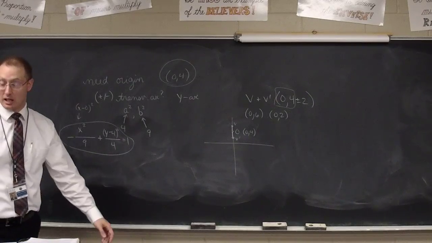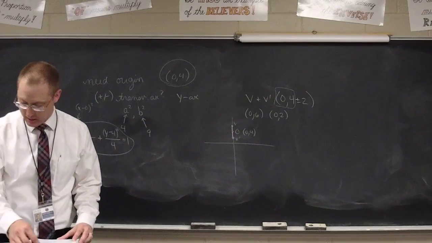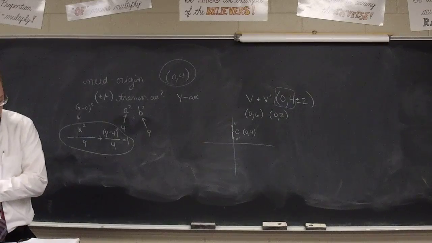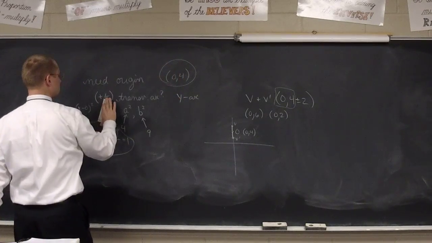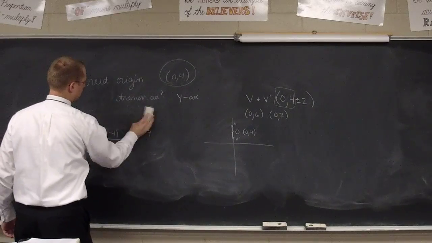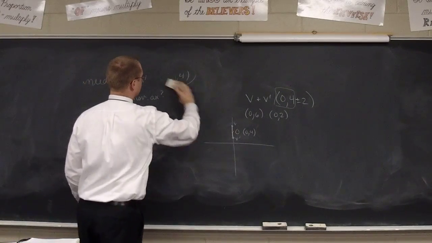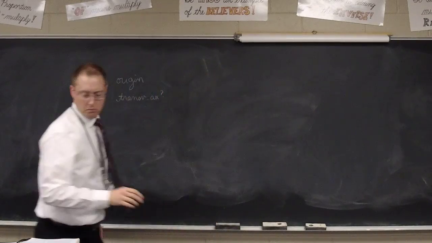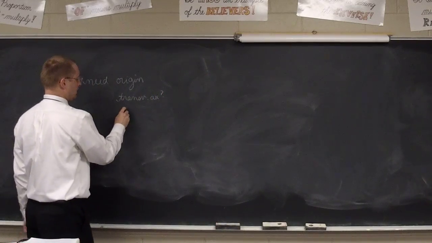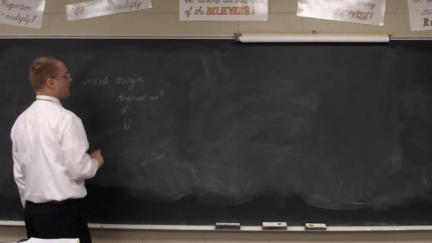Let's take a look at letter B. And that'll kind of wrap up our hour here. Letter B, Jamie, what are we told? Foci, 1 plus or minus 3, 2, conjugate axis equals 4. Okay. So we need the a squared, we need the b squared.